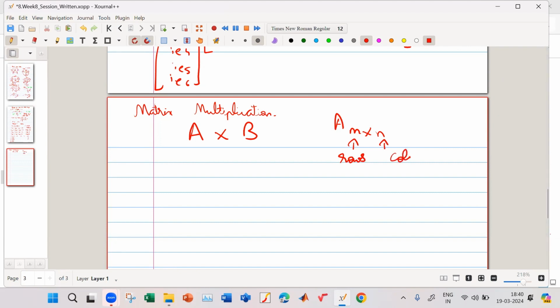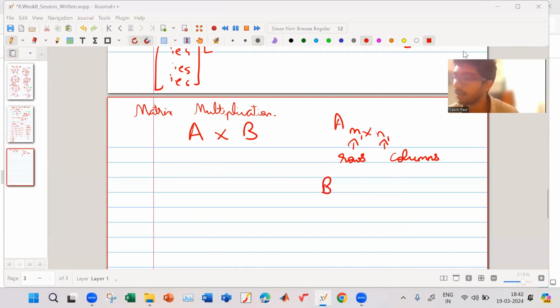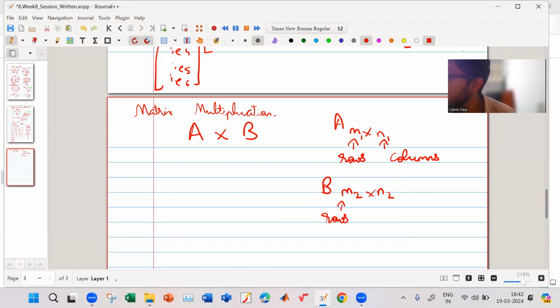Let us give this A dimensions M1 cross N1. Now B also has some dimensions, M2 cross N2, where M2 is the number of rows and N2 is the number of columns.